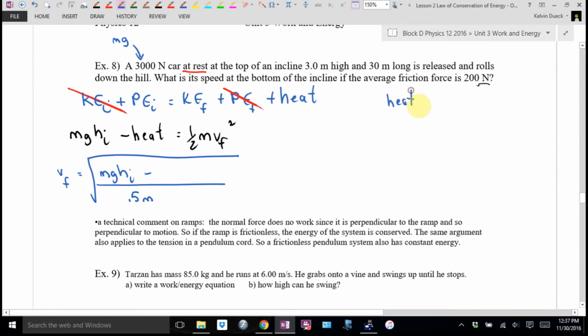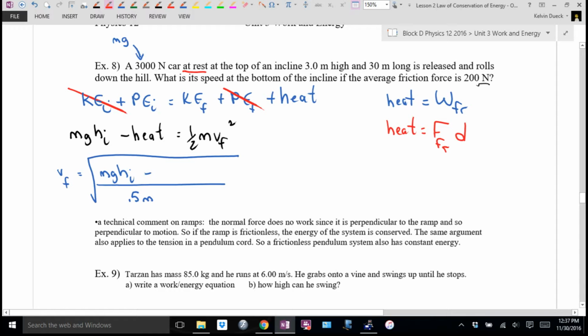Heat is the work done by friction. So I think heat is going to be the force of friction times the distance that friction is acting for.